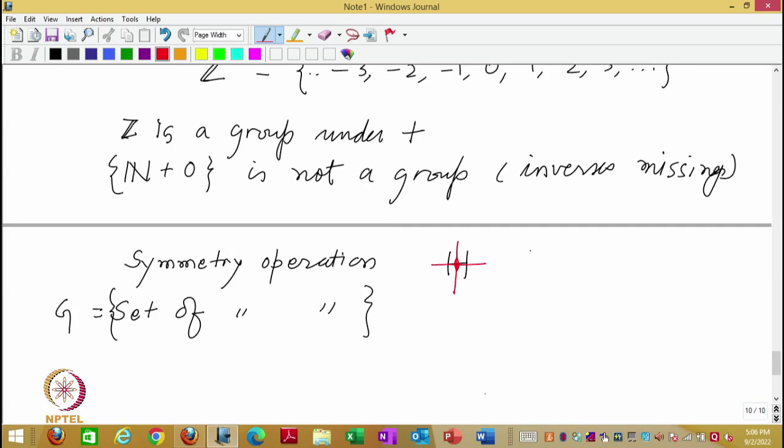So, what are its symmetry operations? Let us call this MV, let us call this MH, and let us call this 2. So, it has the symmetry operations MH, MV, 2 and identity, which we call 1.